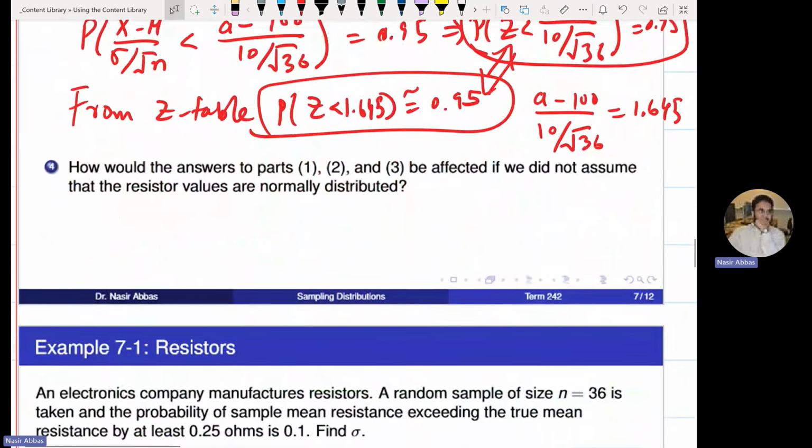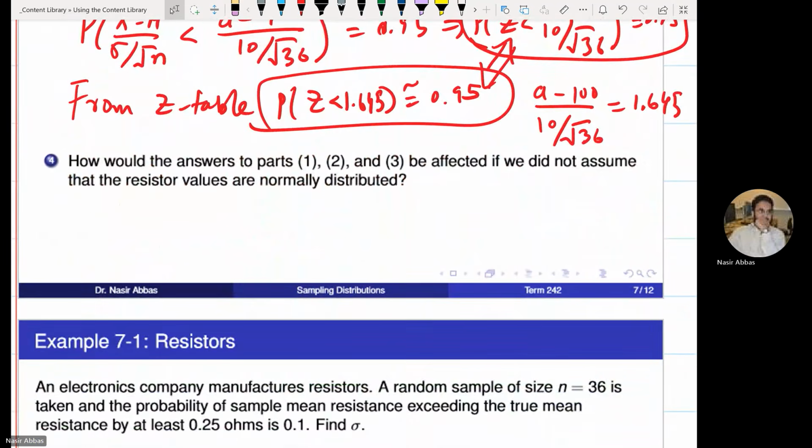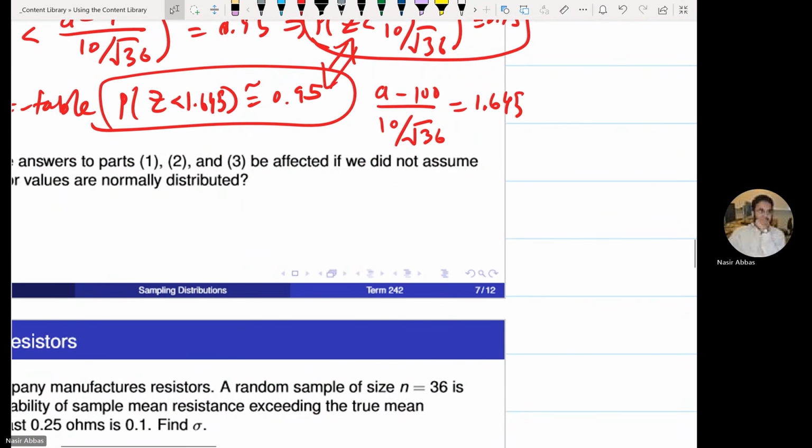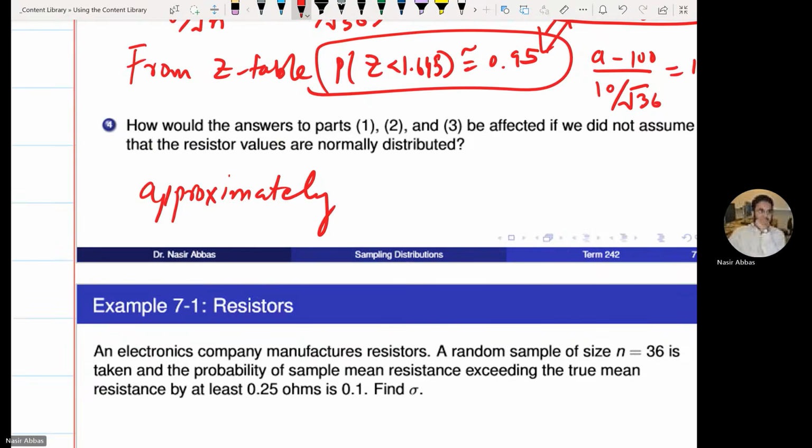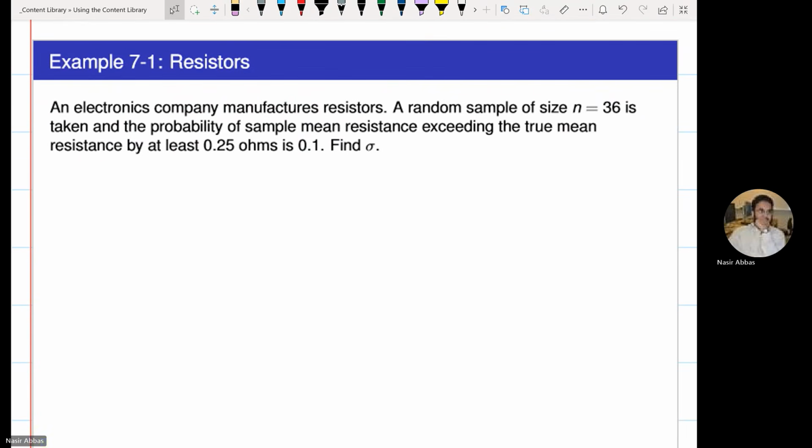So everything will become an approximation. You will add the word approximately in every question. In multiple choice, no need to add anything.